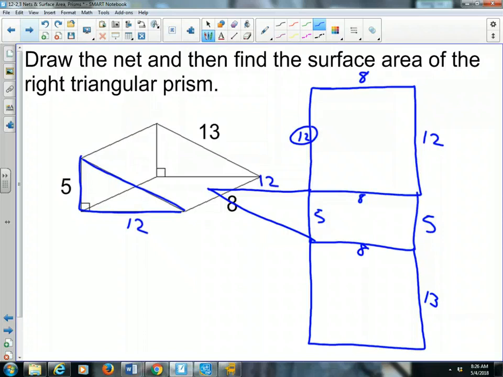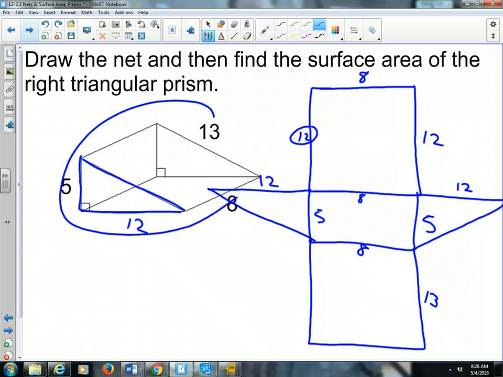And again, I'm going to have the 12 out this way, and then this hypotenuse right here is the 13. There's our net, everybody. We have 5 surfaces here, written into a 2-dimensional net. So draw the net and then find the surface area.